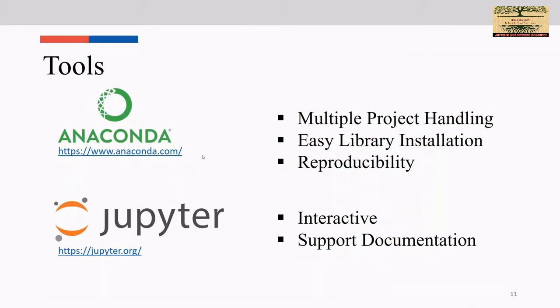So Anaconda is sufficient for installing Jupyter. So the advantage of Jupyter is what? Jupyter is nothing but a web editor. It is interactive. It is well documented. I mean, you can document your code easily. So Anaconda and Jupyter combined can be a good choice for writing your code.